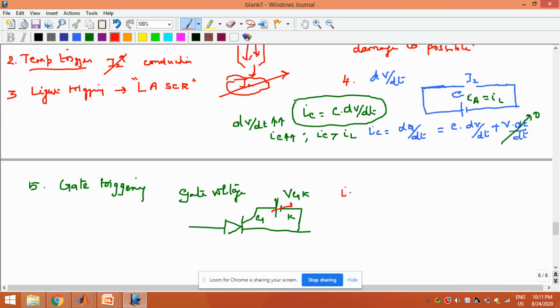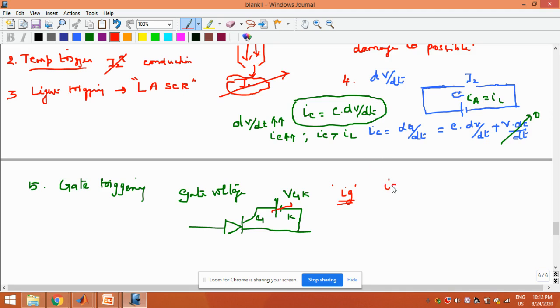This current IG quickly makes the reverse biased depletion width go less. By doing so, we can break this depletion layer J2 as quickly as possible.